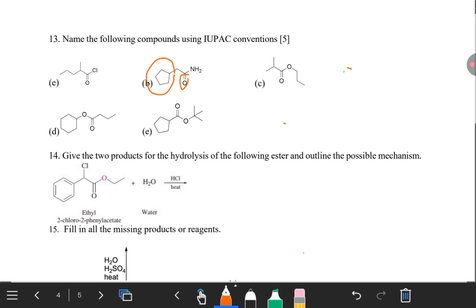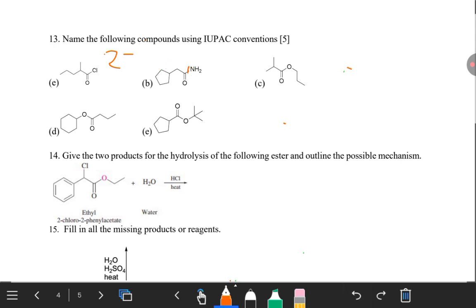So how can we name this structure? We are first going to count the number of carbons we have. 1, 2, we have a carbon there and the other carbon there. So 1, 2, at carbon number 2, that's where we have the cyclopentane.